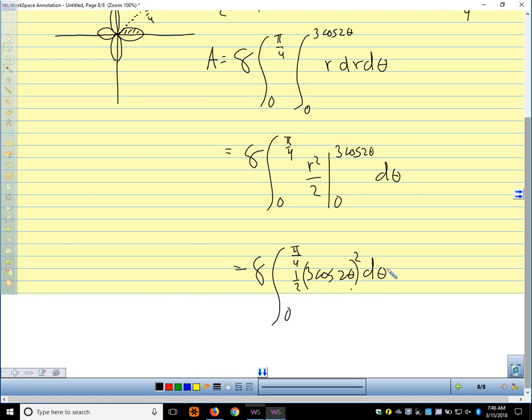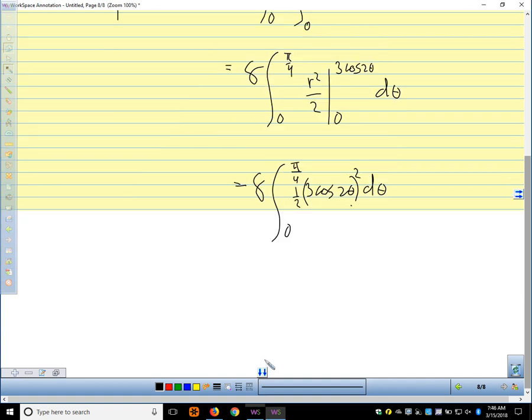Does that look familiar? Area in polar coordinates in the xy plane is 1/2 r squared d theta, just like when we found the area of a plane region: top function minus bottom function.